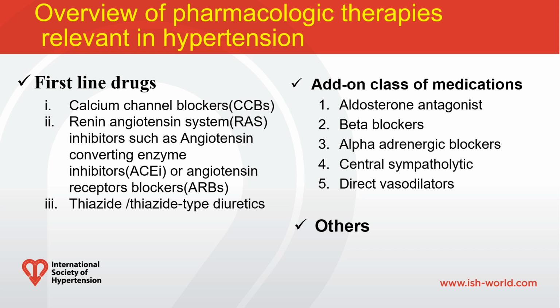There is the add-on class of medication: aldosterone antagonists, beta blockers, alpha adrenergic blockers, central sympatholytic drugs. We have the direct vasodilators. There is the group put under others. We'll mention them, but may not go into details.